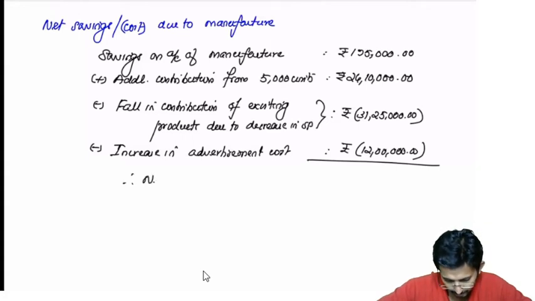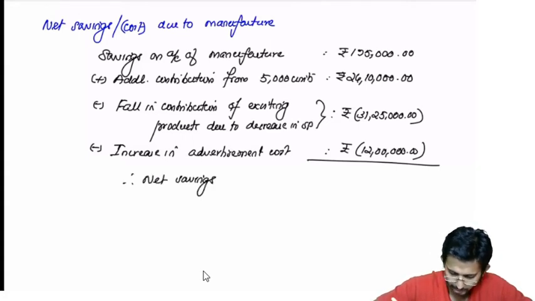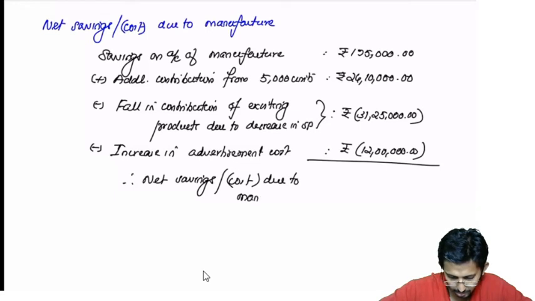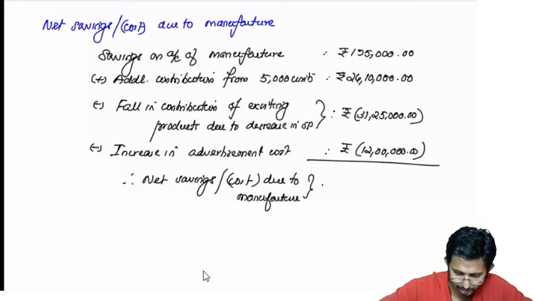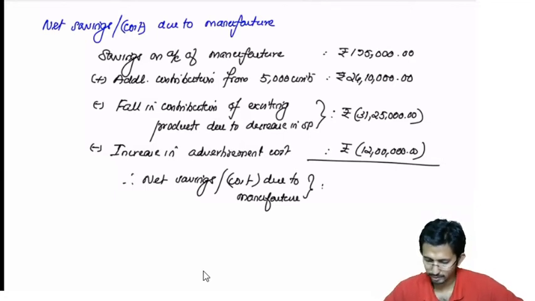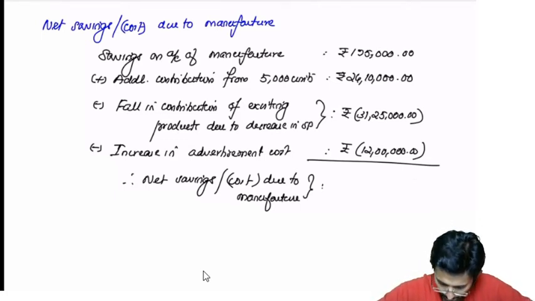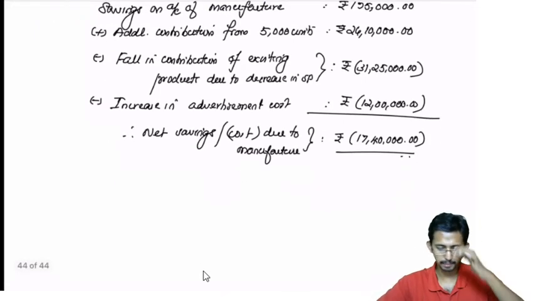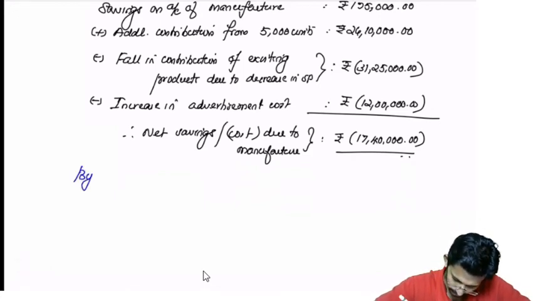Therefore, net savings of cost due to manufacture, that is equal to 1,75,000 plus 24 lakh 10,000 minus 31 lakh 25,000 minus 12 lakhs, that is 17 lakh 40,000, minus 17 lakh 40,000.